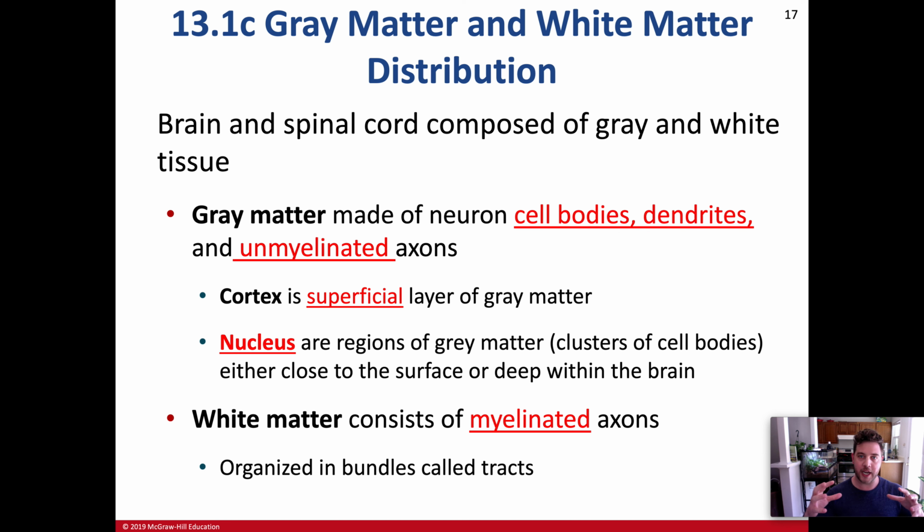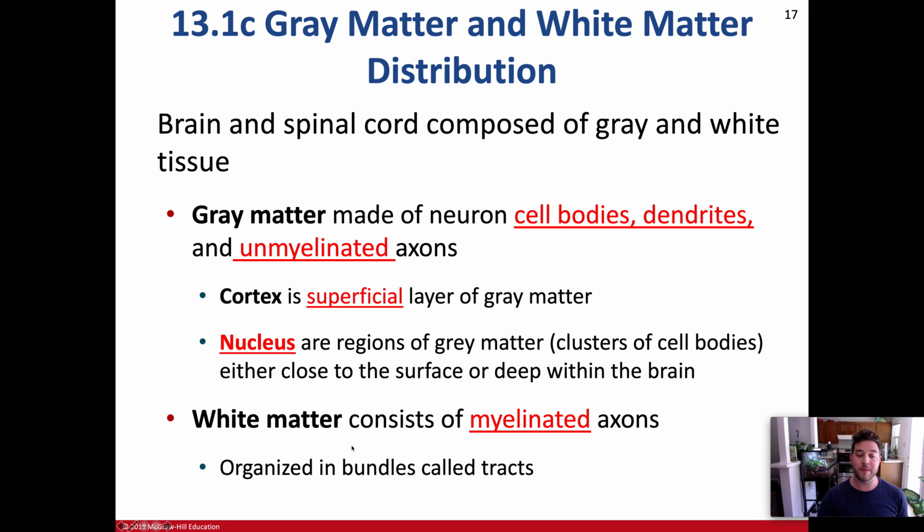Within the brain, we have both superficial and deep features. So the superficial gray matter is called the cortex. It's the very outermost portion of your brain, whereas the nuclei are the deeper portions of gray matter. So both of them are gray matter. Just the cortex is the superficial portion, and the nucleus will be the deeper portions.